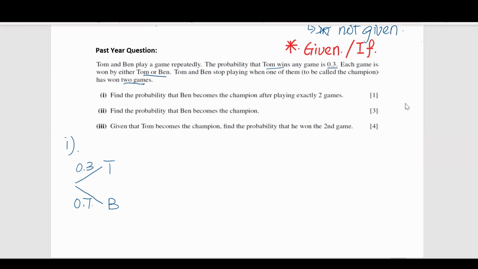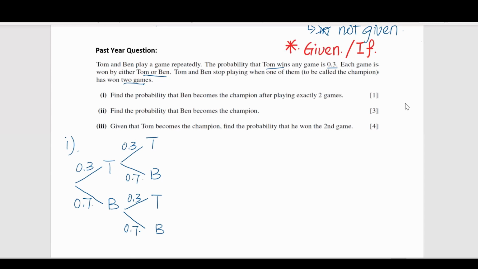And then they have to win 2 games to be called the champion, so we move on to the second game. Now, constructing the tree diagram, if Tom wins, probability 0.3. If Ben wins, probability 0.7. All right, so we are going to list down the outcomes after 2 games, to see who wins to be called the champion, who won 2 games.